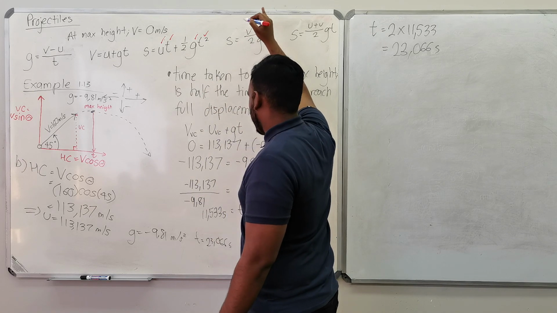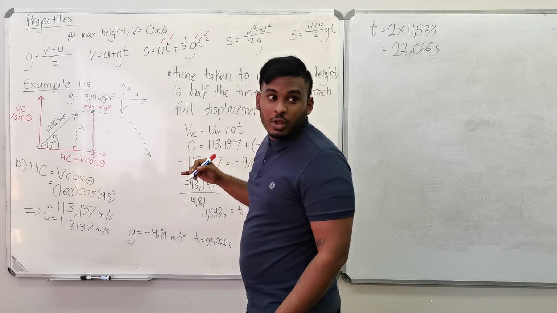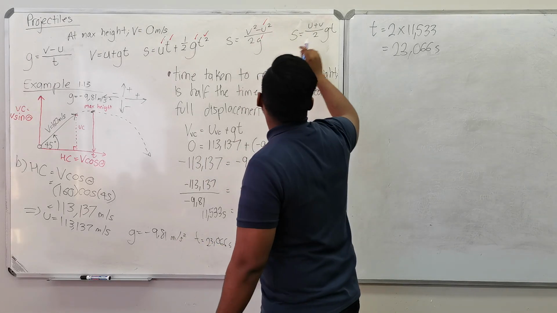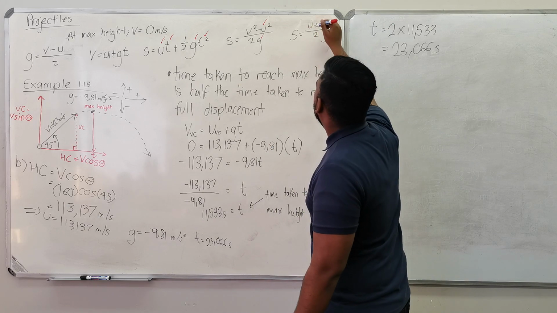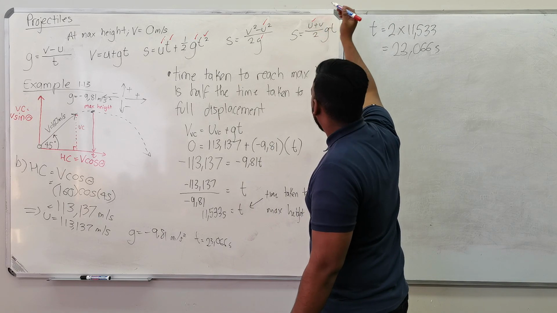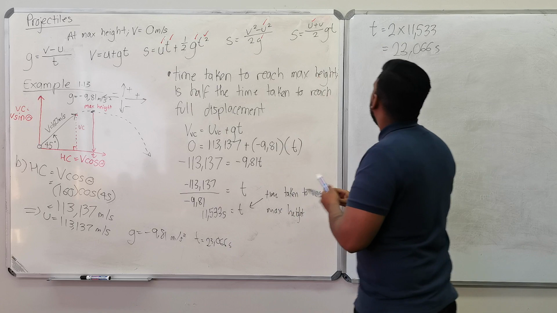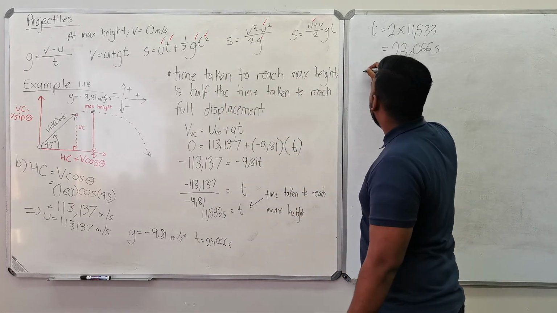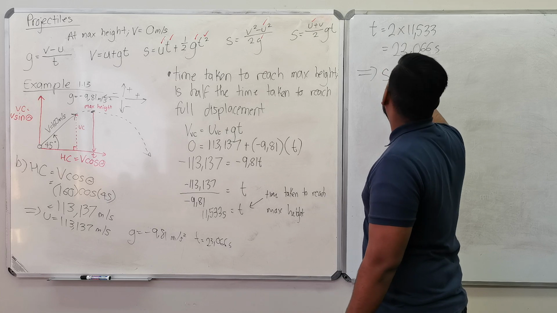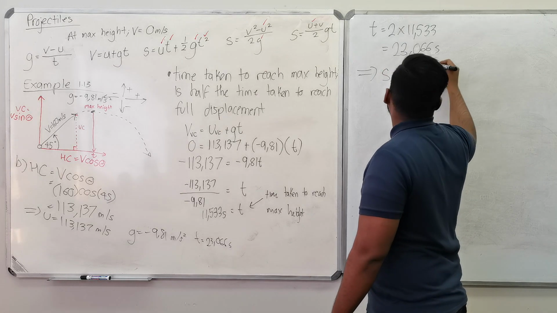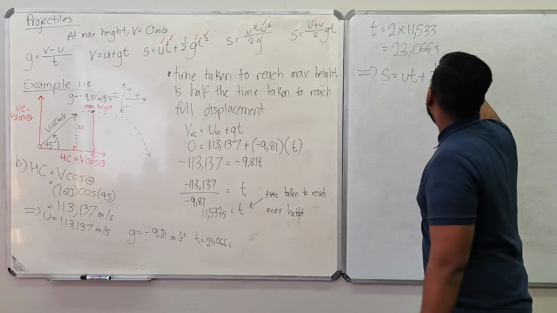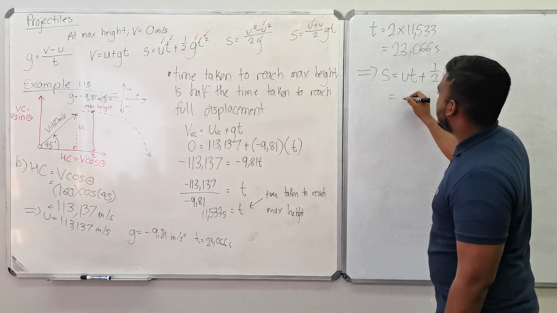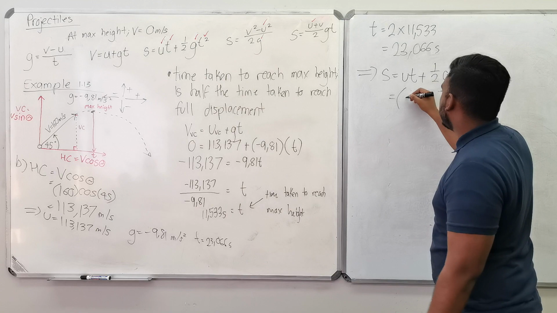No, we don't know final velocity. So that formula is out, and we're obviously going to use this one. Therefore S is equal to UT plus half GT squared.